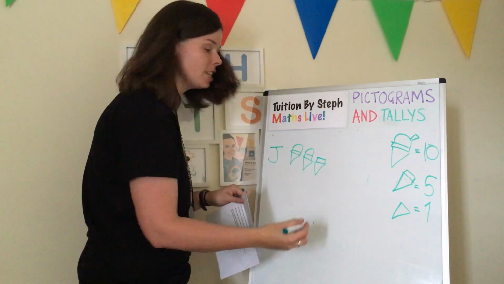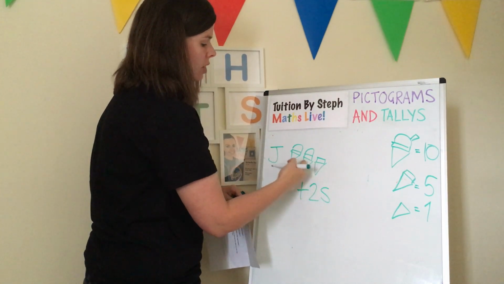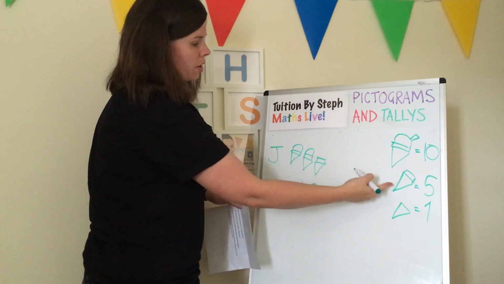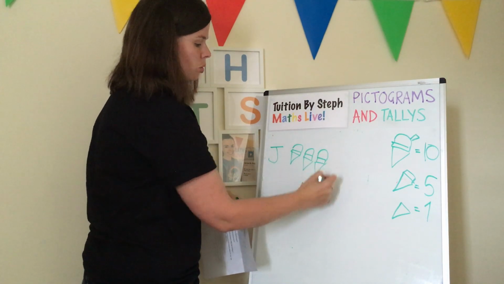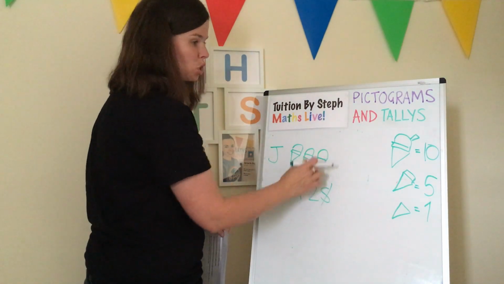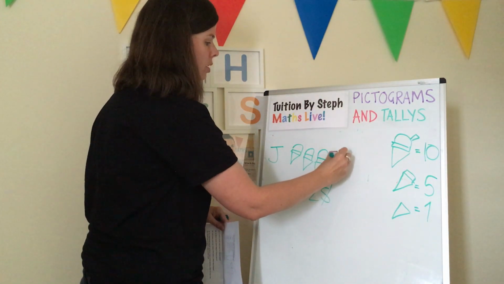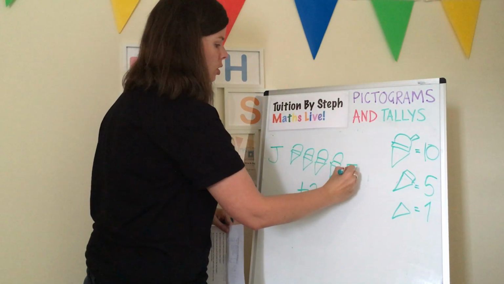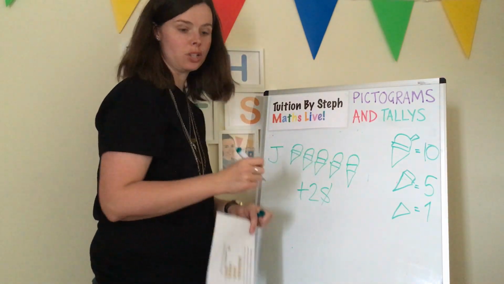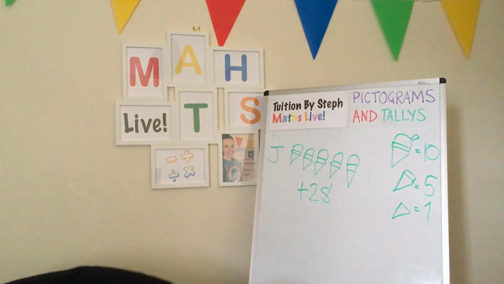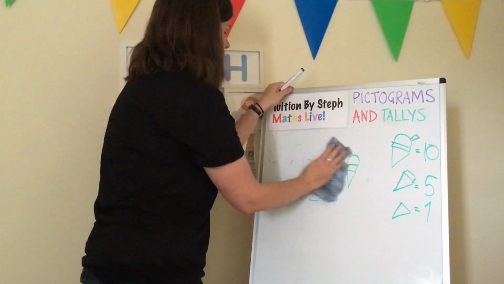And we need to add 25. Now, can you see that we've already got 25? So we can complete the other 5 like that. I've got rid of my 5 because I put a top on to make it 10. And then you just need to add 2 more whole ice creams. So at the end, your chart should look like this for July. 5 ice creams.